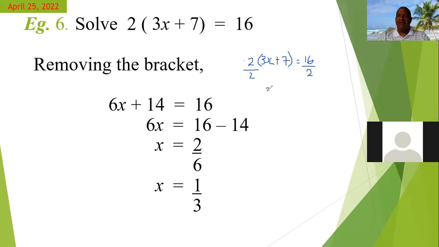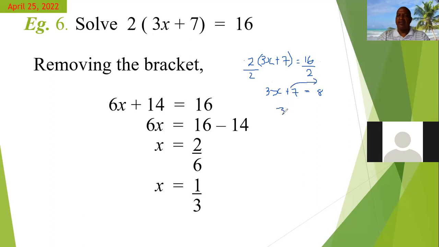So here we would have 3x plus 7 is equal to 8. But now we will just move this 7 to the right-hand side.